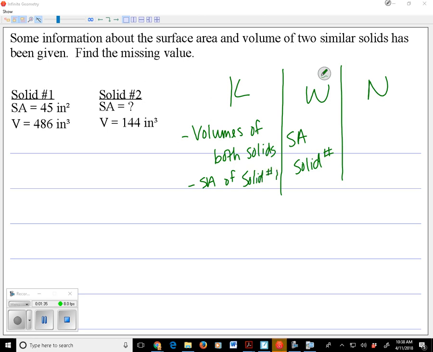Well, these are similar, which means we have to have a proportion. In order to have a proportion, we need to have ratios. So if we are looking for surface area, what ratio do we need to compare surface areas to?